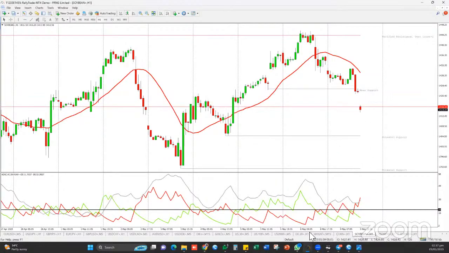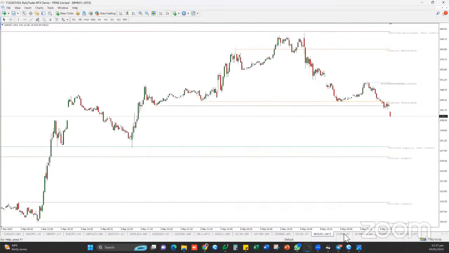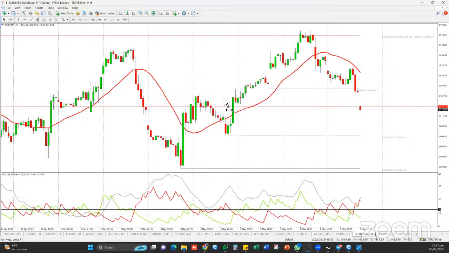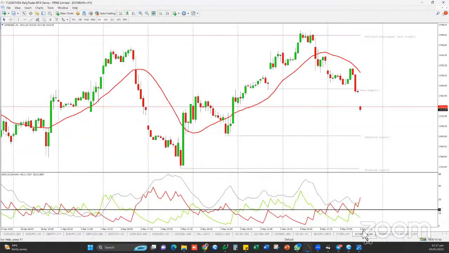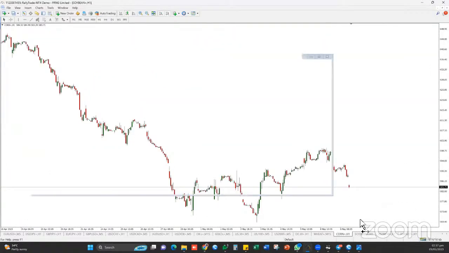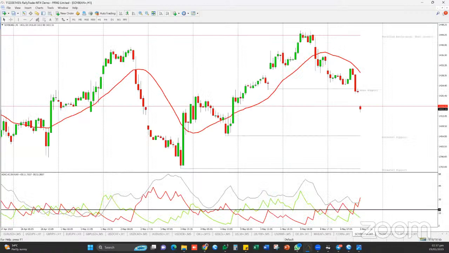So I'm going for a sell on corn, wheat, and soybean. Sorry, pardon me, I'm going in for a sell rather. I'm going in for a sell on corn, wheat, and soybean because of this gap down that we just witnessed. So I'm going in for a sell on the 3 instruments.